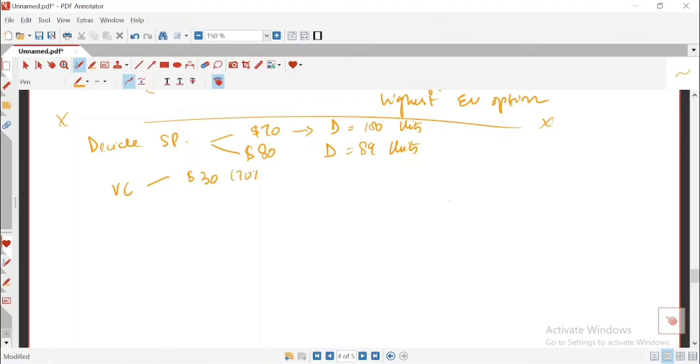There is a 70% chance it is going to be $30, and it can be $32 where there is a 30% chance. Your requirement is to construct a decision tree.